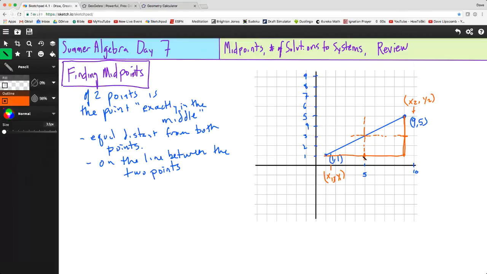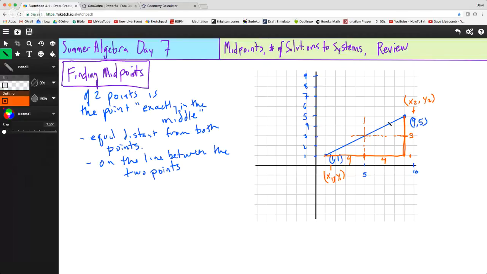So what we do know is that halfway would place a point that's 4 away from 5, from 1, and then it'd be another 4 over from 5 to 9, if we're just looking in the x direction. Similarly, if we're looking in the y direction, if we start at 1, which is our y coordinate here, and we go 2, 3, 4, 5, 3 is halfway between our y coordinates of 1 and 5.